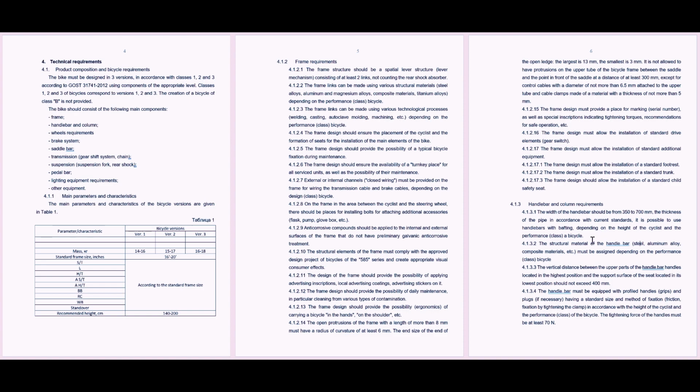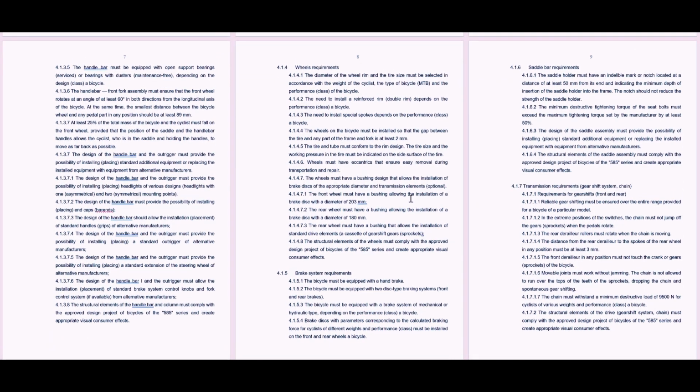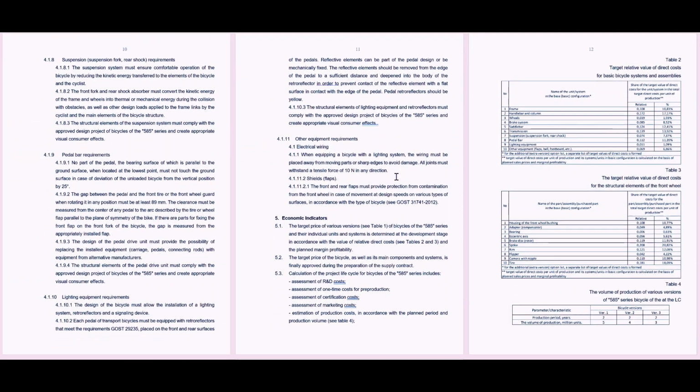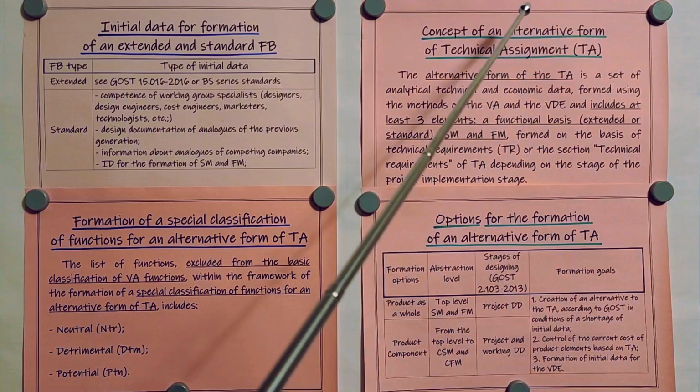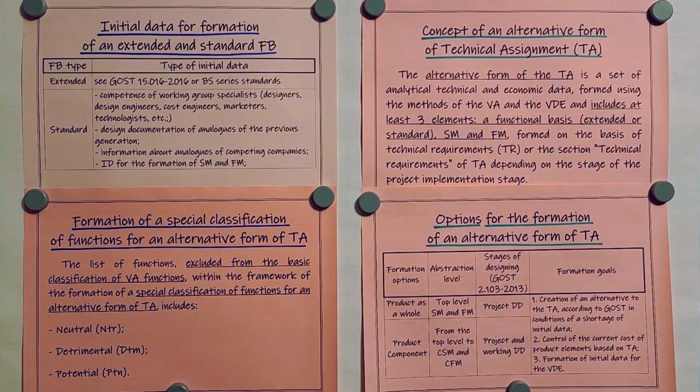That is, we confirm the assumption that it's necessary to form an additional pool of technical and economic input data, or initial data, in the process of applying cost design techniques or value design engineering. The features of the formation of extended and standard functional bases were announced above, in connection with which we will consider the formation of structural and functional models in the context of an alternative technical assignment.